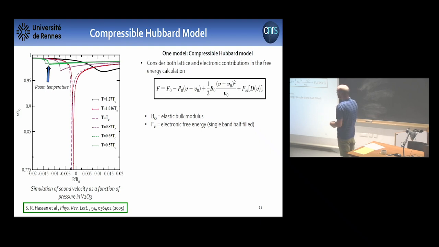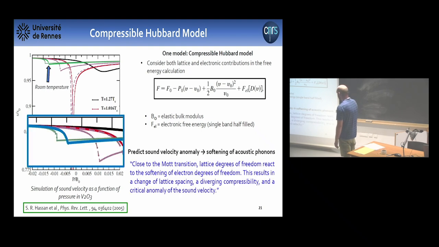And it's really reminiscent of what we have observed for our A1g phonon. So what they quote, which is kind of interesting, is that close to the Mott transition, lattice degrees of freedom react to the softening of electronic degrees of freedom. This results in a change of lattice spacing, diverging compressibility, and more importantly, a critical anomaly of the sound velocity.